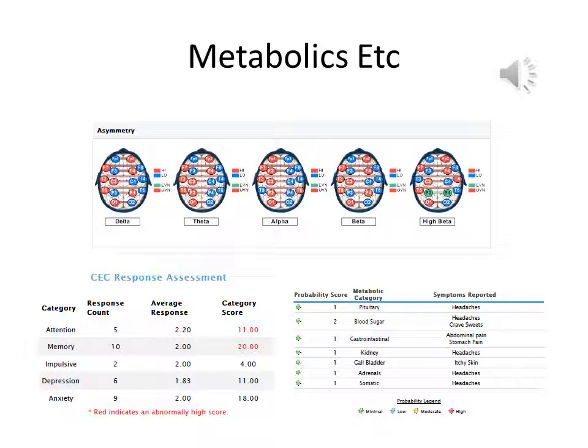If we look down at the cognitive emotional response assessment, the CEC response assessment in the lower left corner, we can see attention is showing numbers in red and memory is showing numbers in red. This person is rating themselves as having a lot of attention and memory problems, which is also fairly consistent with high cortisol levels that result in degradation of hippocampal function.